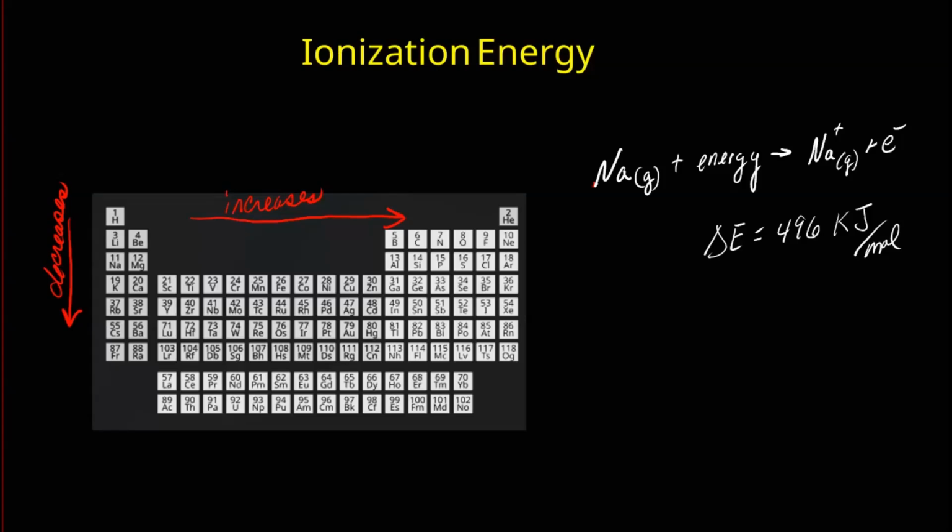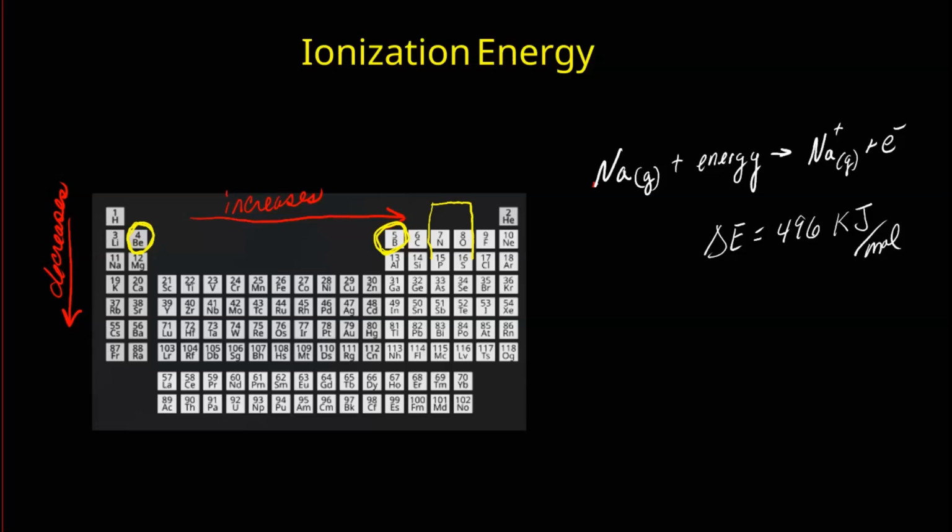Between groups 2 and 13, boron has a lower ionization energy than beryllium. Okay, so let's highlight those here. We have beryllium here and boron's here. So boron has a lower ionization energy than beryllium because removing an electron from boron's 2p orbital is easier than from beryllium's stable 2s2 orbital. Oxygen has a lower ionization energy than nitrogen.